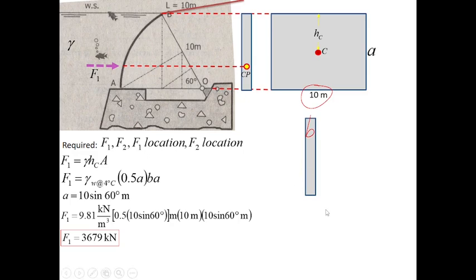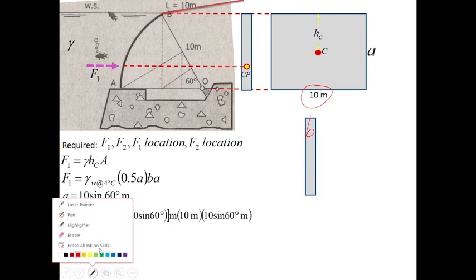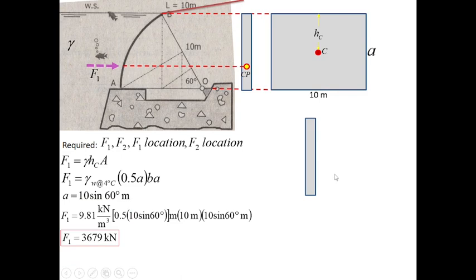Next, consider naman natin yung part na to. So, ito yung ating center of pressure, and ito yung ating pressure diagram. Yung side na to ay front view ng vertical projection.